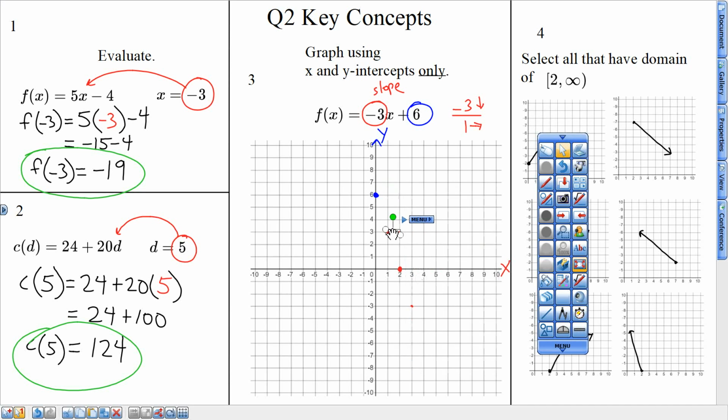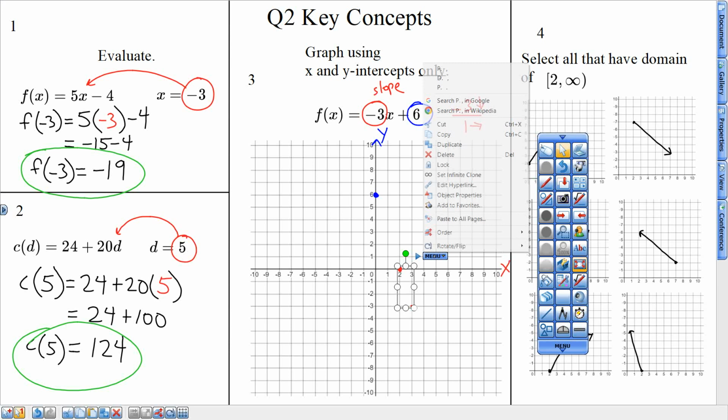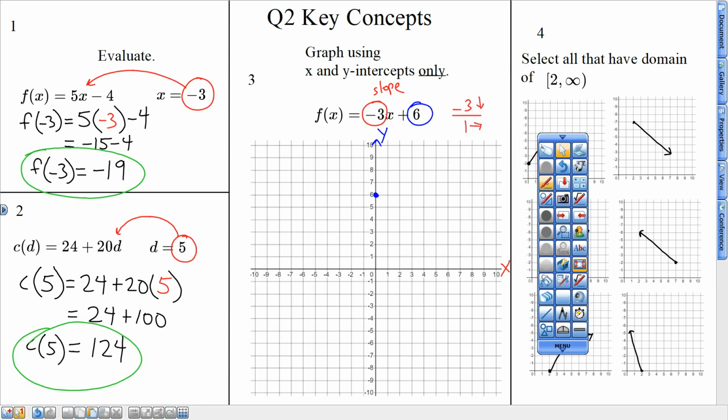I only want to plot 2 coordinates. So it looks like the first coordinate is on 6. The second coordinate, after I do a couple of over 1 down 2s, is on +2 on the x-axis. If I draw that line, I'm going to draw a straight line through only those 2 points. I'm going to make sure that my line has arrows on either side of my line. Make sure my line goes through my points accurately.